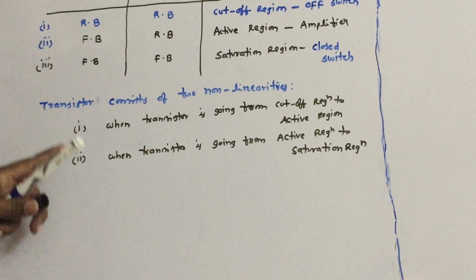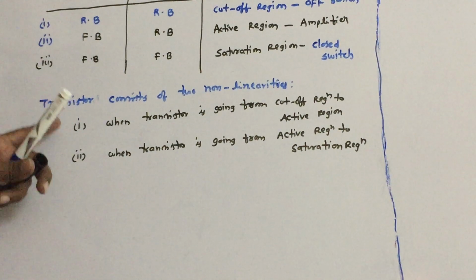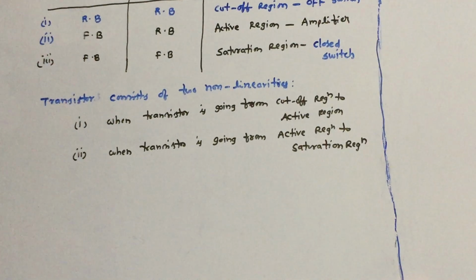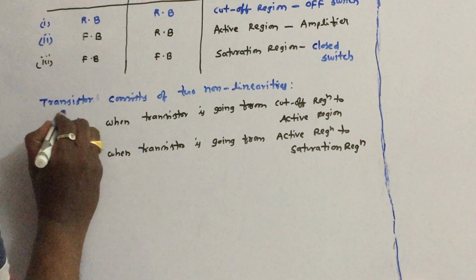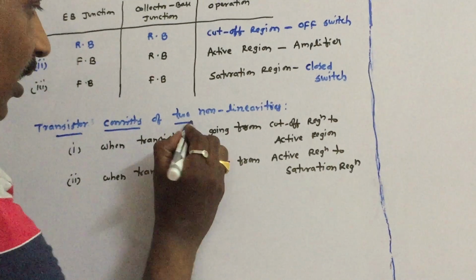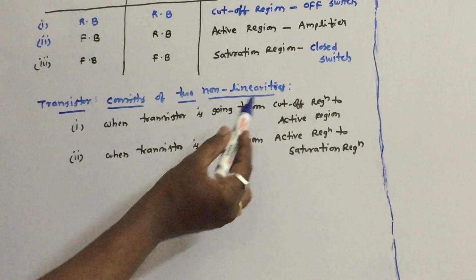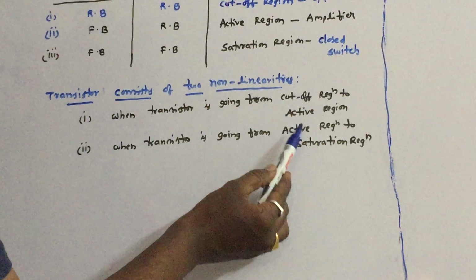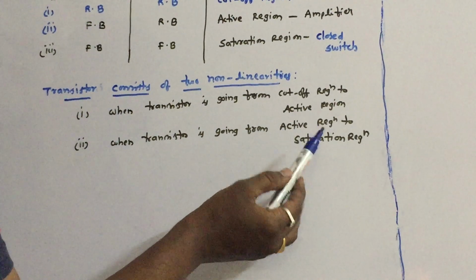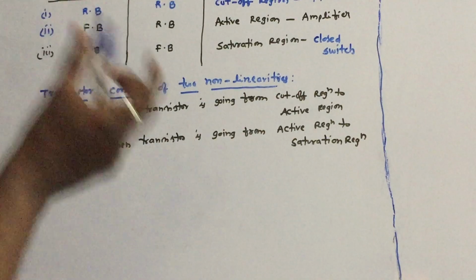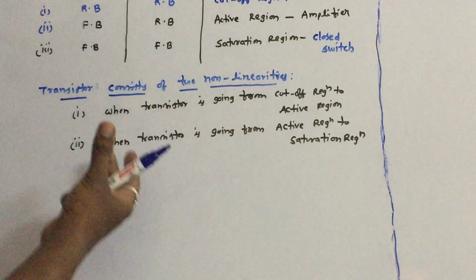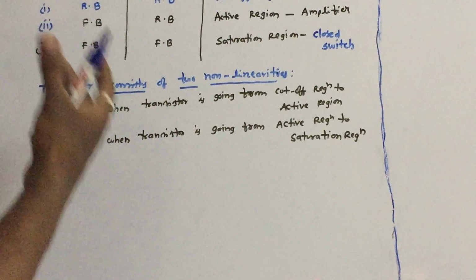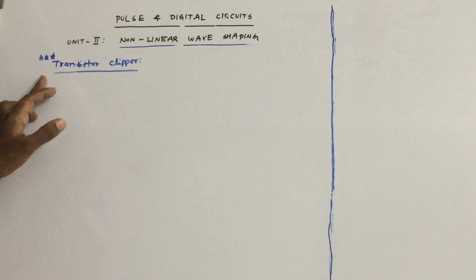Because of these two non-linearities, it finds applications in clipping circuits. Once it is driven from cutoff to active region, there is one non-linearity. When it is driven from active region to saturation region, this brings another non-linearity to the transistor. Because of these two non-linearities, the transistor finds applications in clippers.